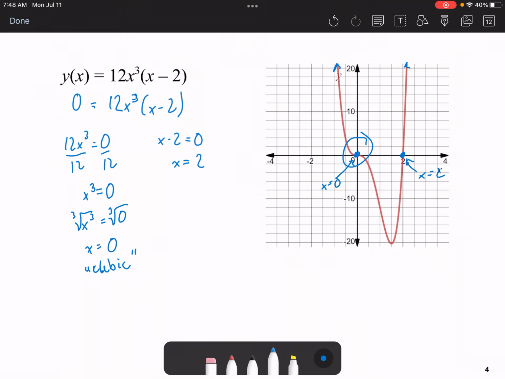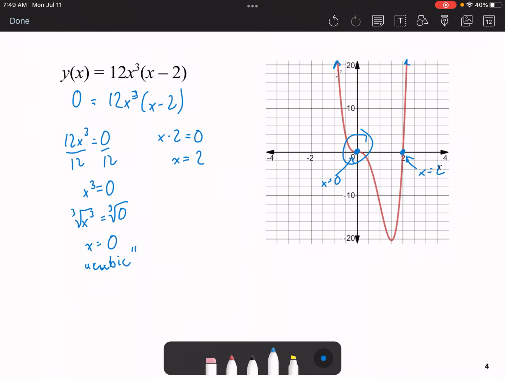It goes right through the x-axis and kind of hovers there, or has a little valley or whatever you can say. It just hovers at that spot as a slow decrease at that spot and slow increase, or vice versa. Okay?